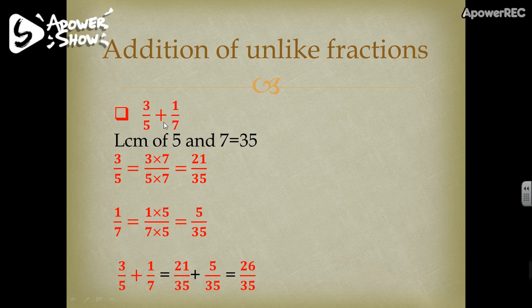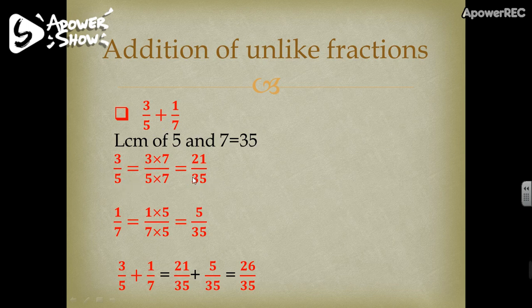For finding an equivalent fraction of 3 by 5 having denominator 35, we have to multiply the numerator and the denominator by 7. By multiplying 5 by 7, we get 35.